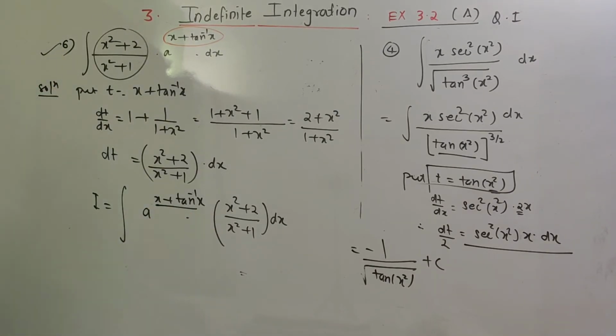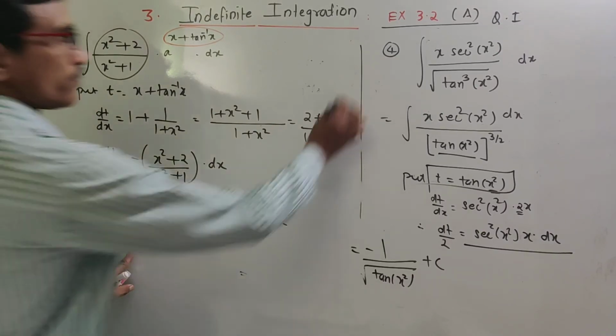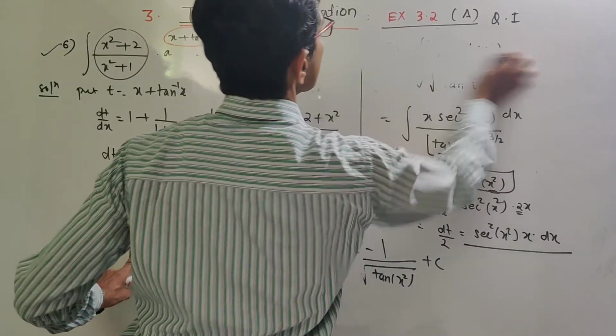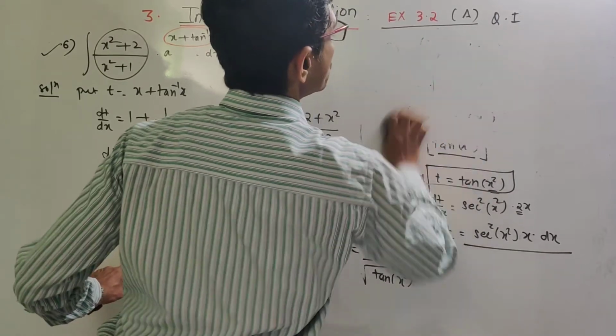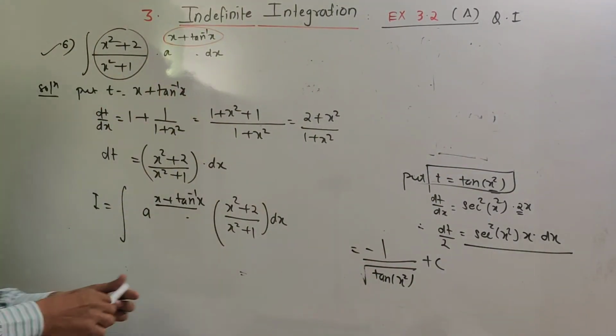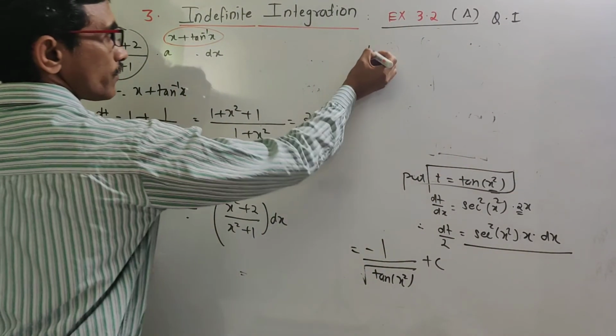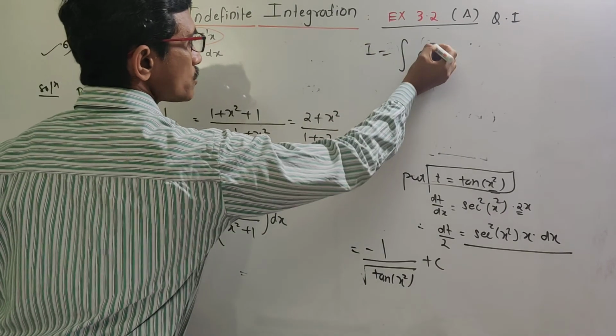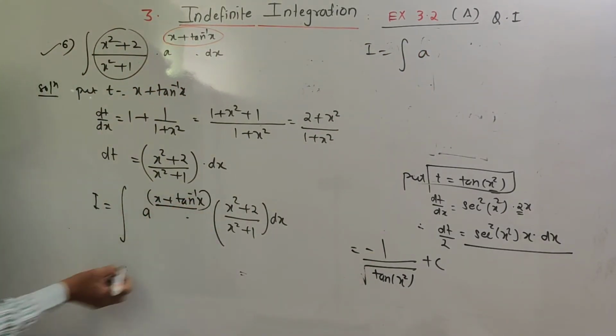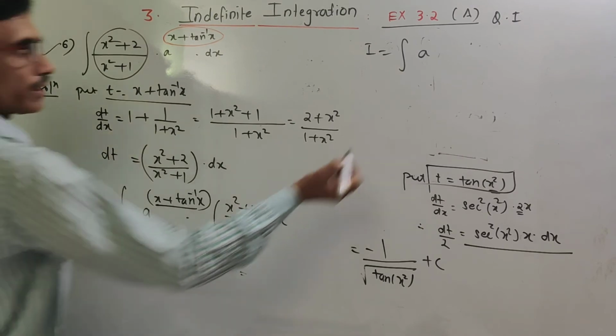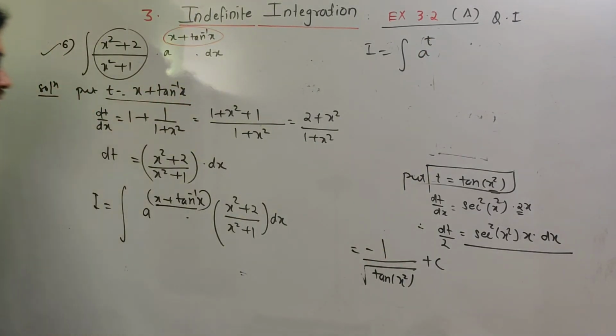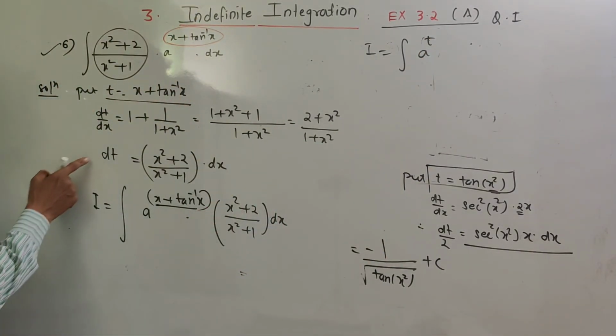So after simplifying and making the substitution, I is equal to integral of a raised to power t, and this complete thing is dt.